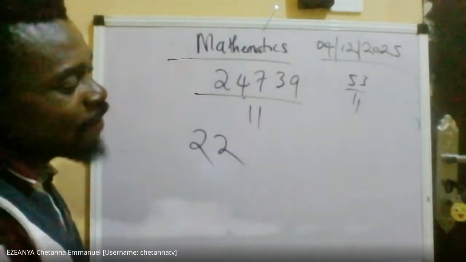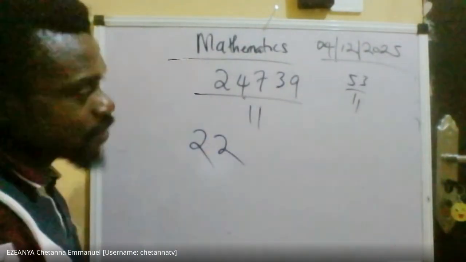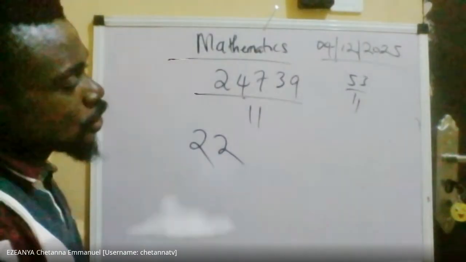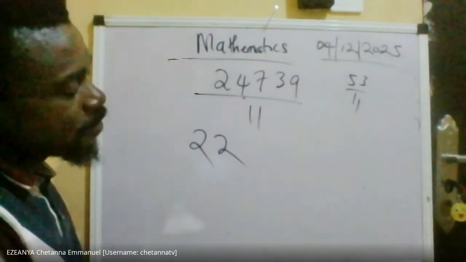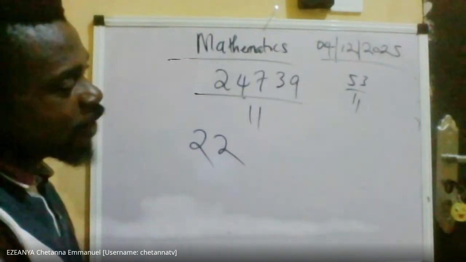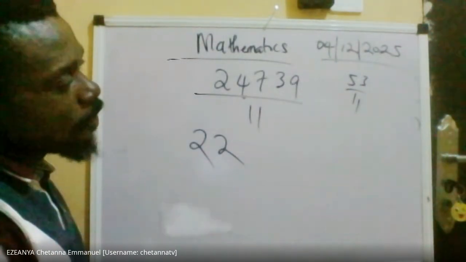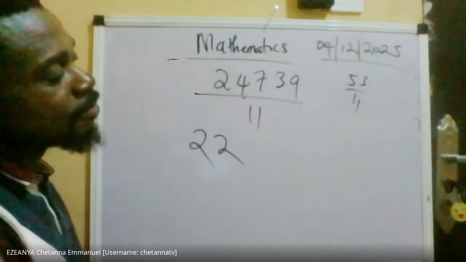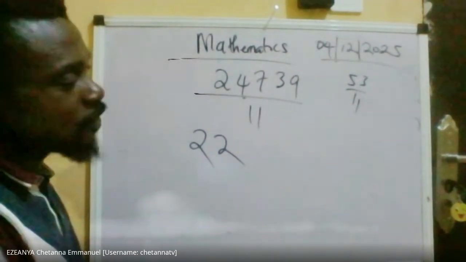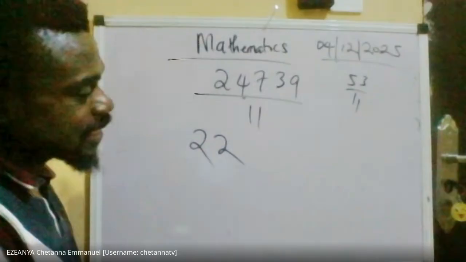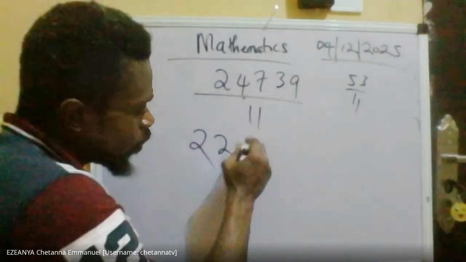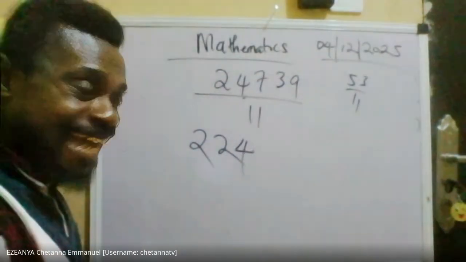You can only find 4 11s for sure. So 53 minus 44 is 9, because 54 minus 44 is 10. So 53 minus 44 is 9. So here, 4 remainder 9.